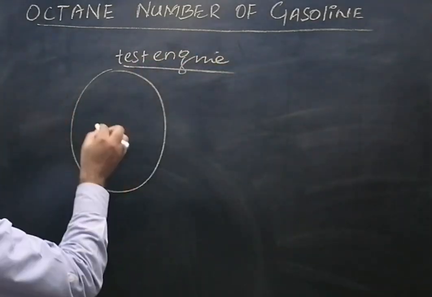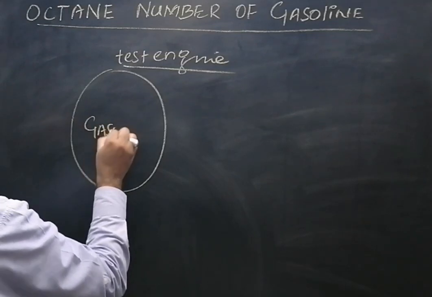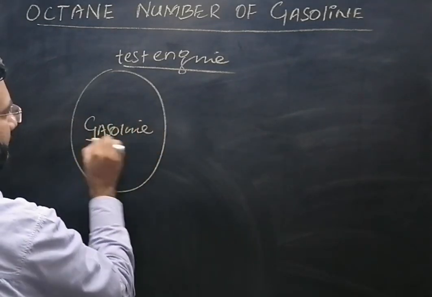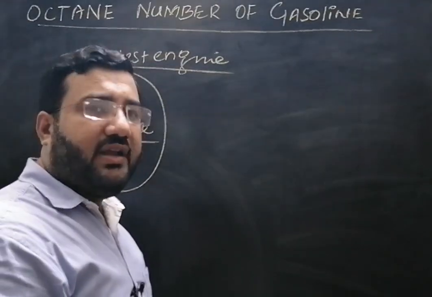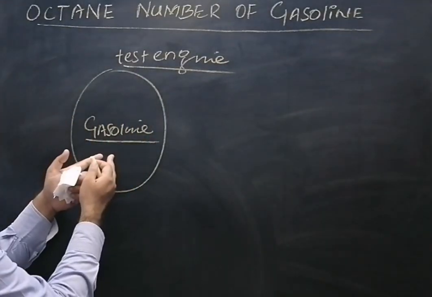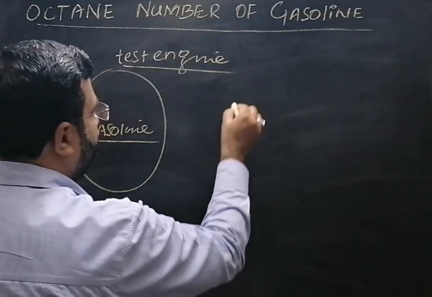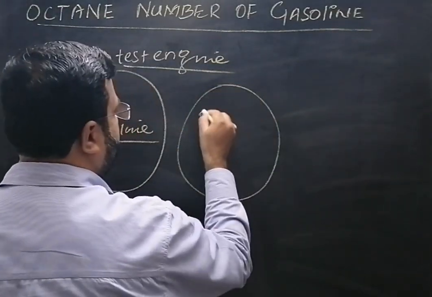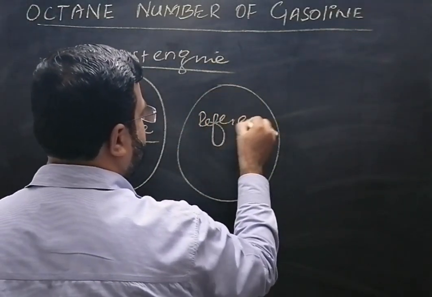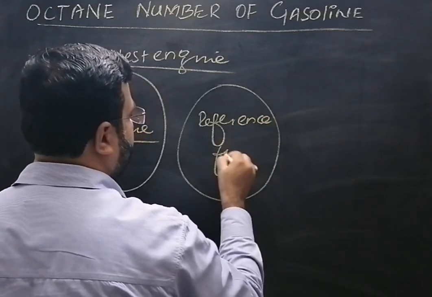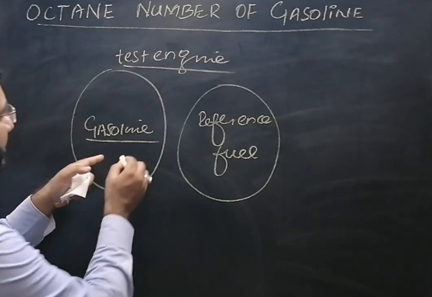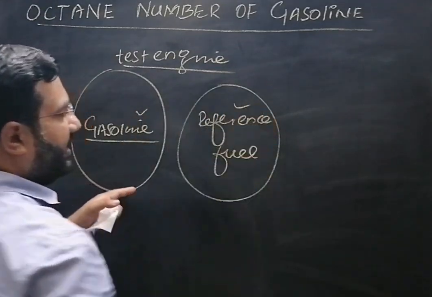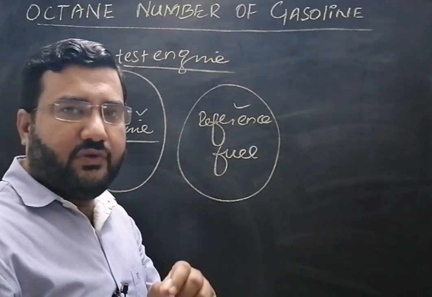In the test engine, we will take a sample of gasoline, and we will compare the anti-knocking ability of this sample of gasoline with the reference fuel. Suppose that in another test engine there is reference fuel. So the anti-knocking ability of this gasoline is compared with the anti-knocking ability of the reference fuel.